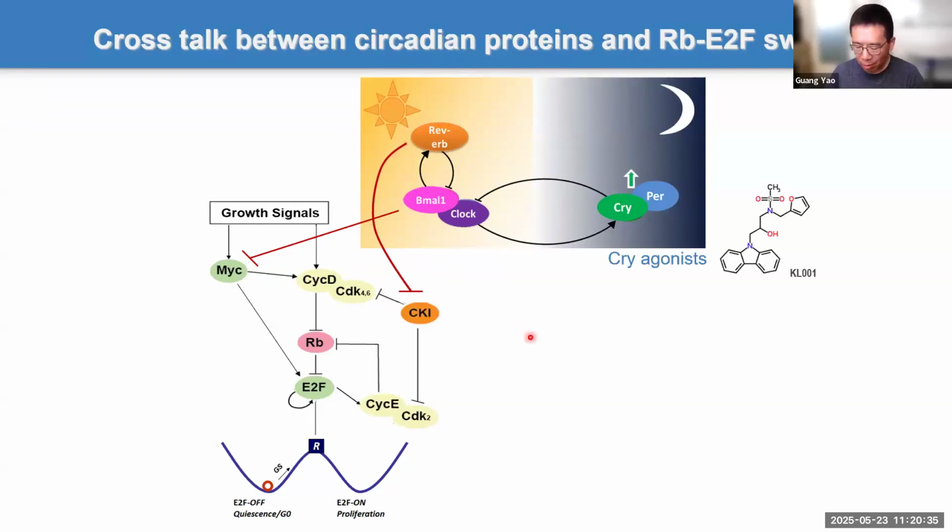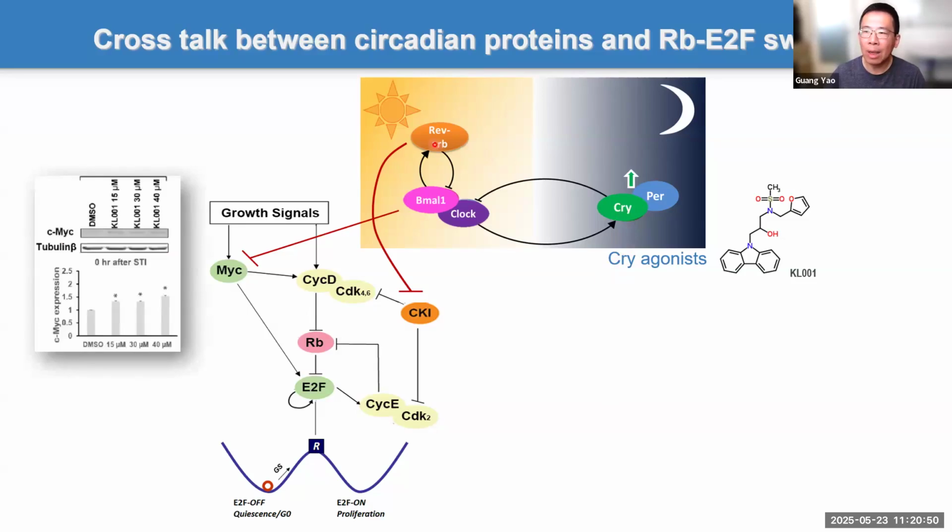A few years ago, very specific agonists became available, small chemical drugs that can turn on CRY or REV-ERB. CRY first. For CRY agonists, we use two. In this example, it is something called KL001.